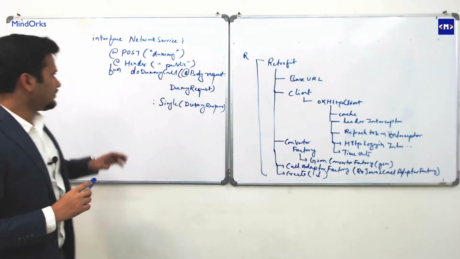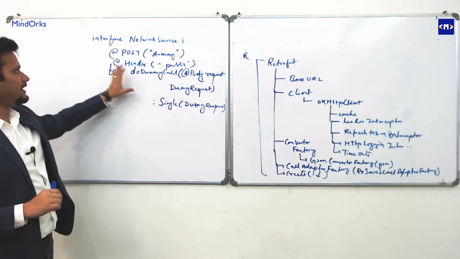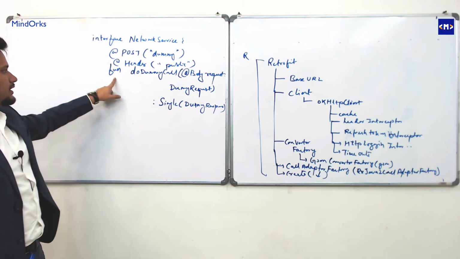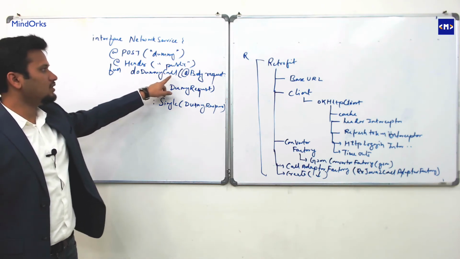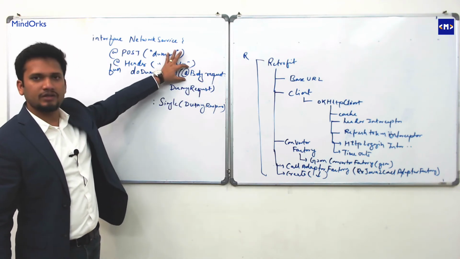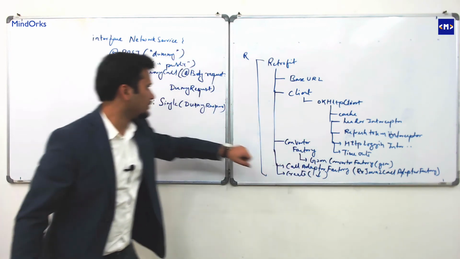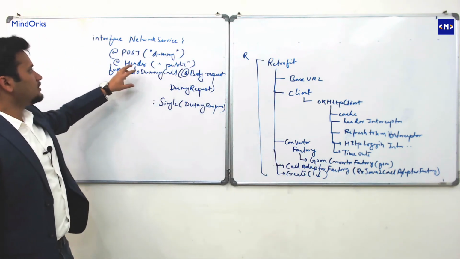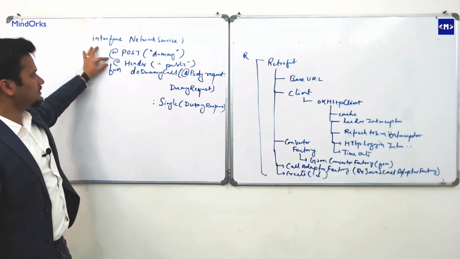Basically, what we have done is we have defined how our API works. We have written everything in the interface. We have written that when I call doDummyCall and pass in the DummyRequest instance, you put it in the body by serializing it using this JSON factory. Then when you are making the request, use the header which I have attached here.